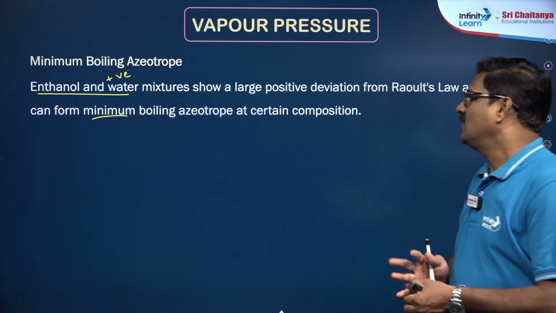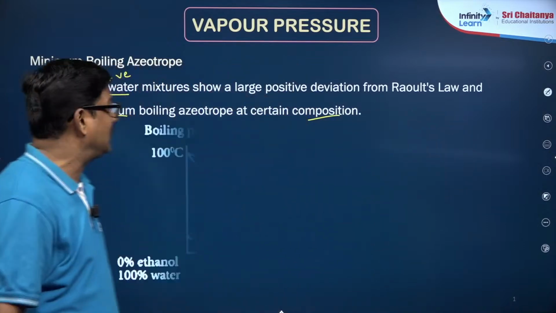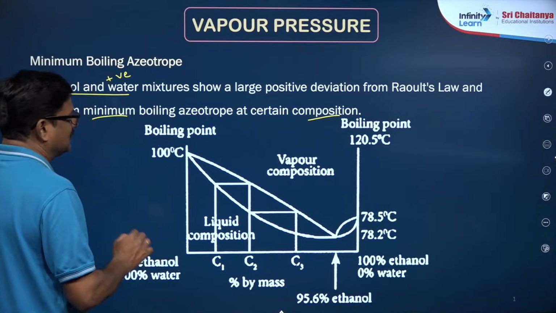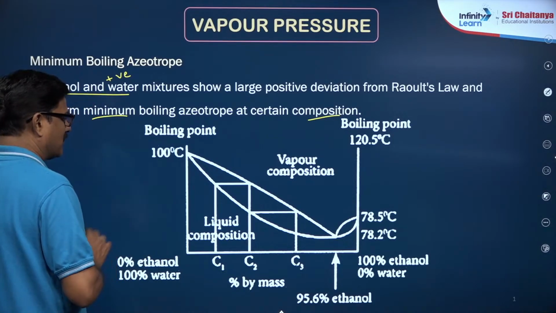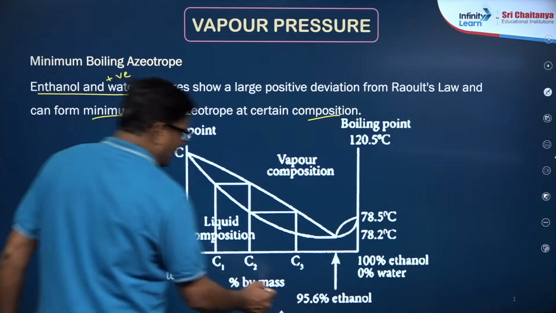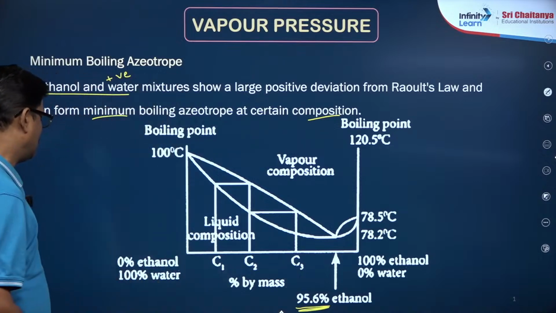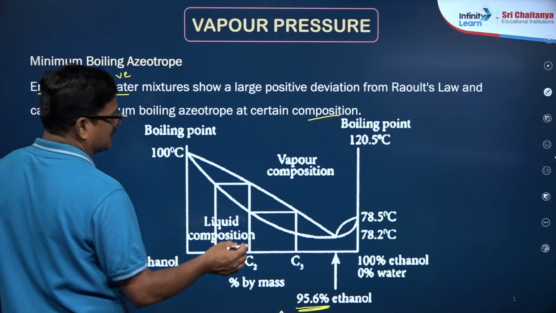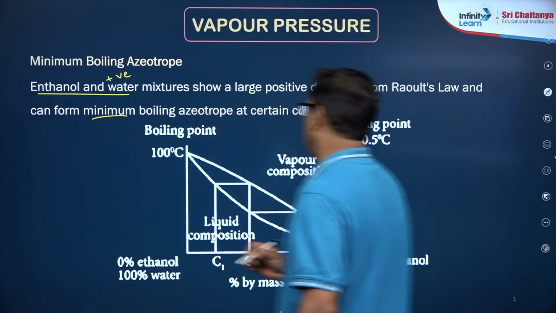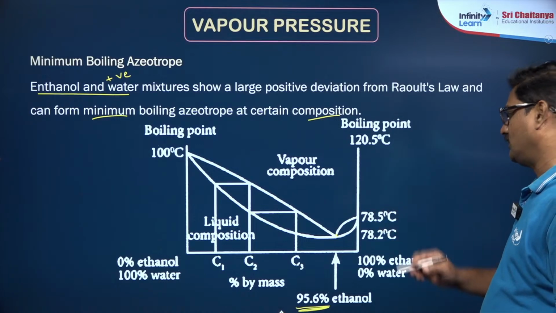let's talk about the minimum boiling azeotrope at a certain composition. जो composition Ravindra Reddy दिया गया, you just see this is a positive deviation from Raoult's law. So a liquid between the ethanol 95.6% of ethanol, and you have the rest of the composition, this point. Actually, the boiling point of water, ethanol 0% and water 100%.